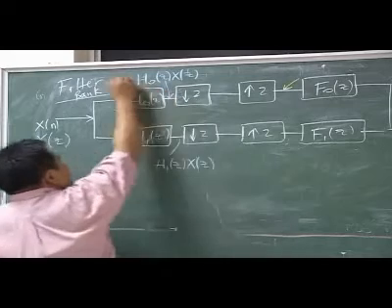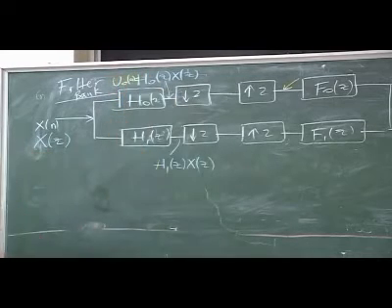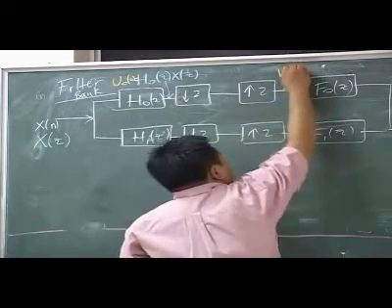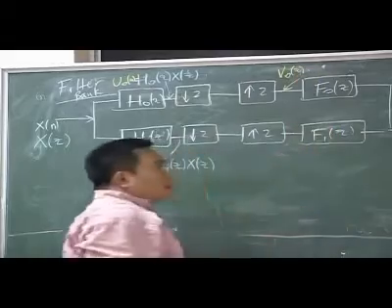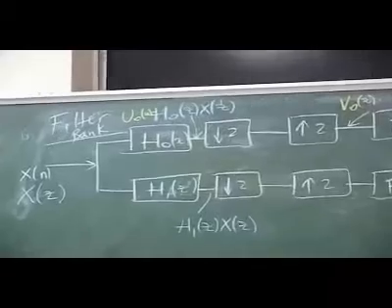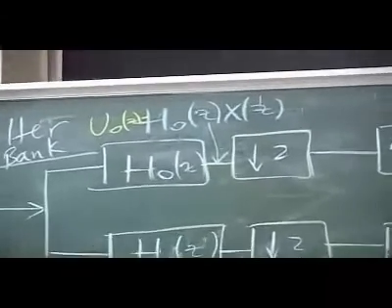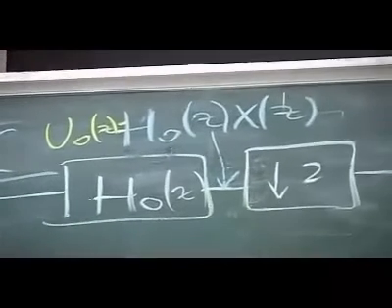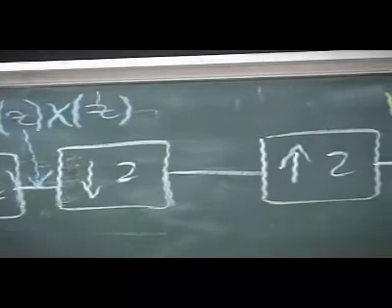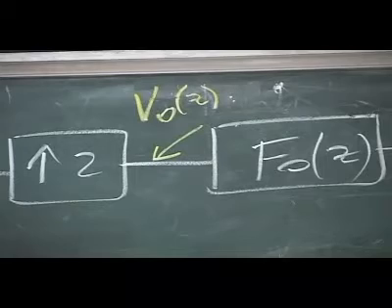So let's call this U0 of Z, okay? And this one right here, let's call V0 of Z, okay? Tell me how V and U are related. How does V0 of n relate to U0 of n? It equals U0 of n when n is even.